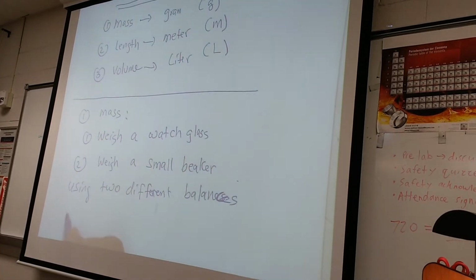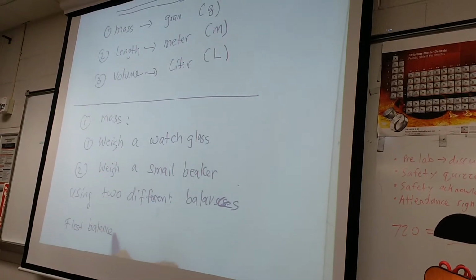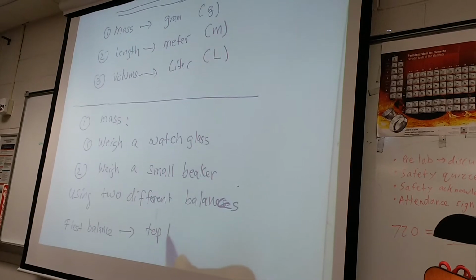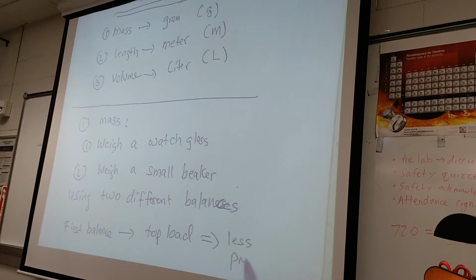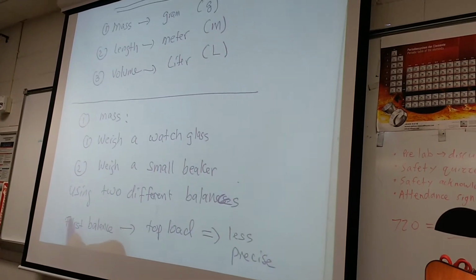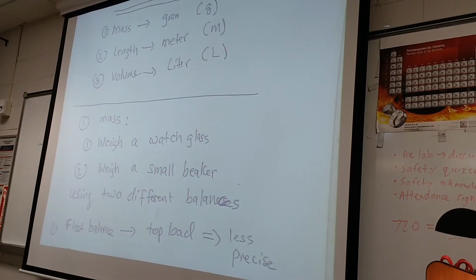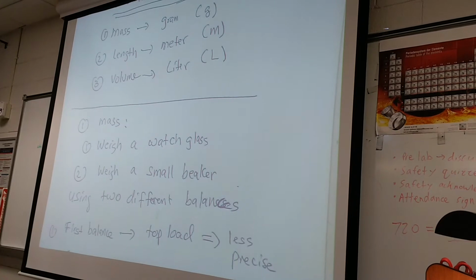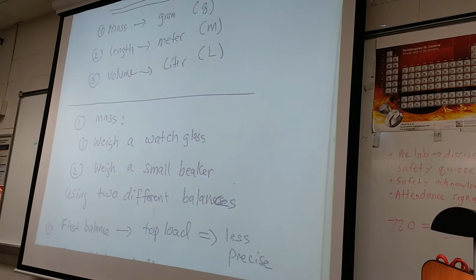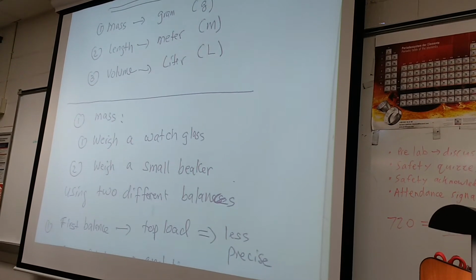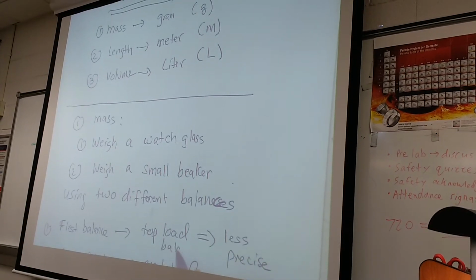The first balance here is called top load, which is less precise, and the second balance is called the analytical balance, and this is the top load balance, correct?